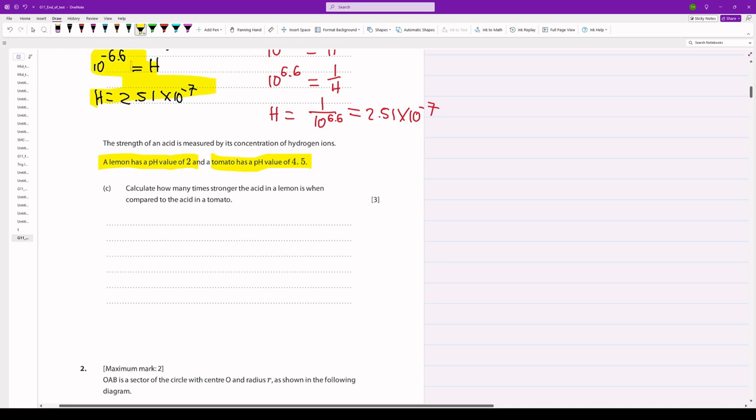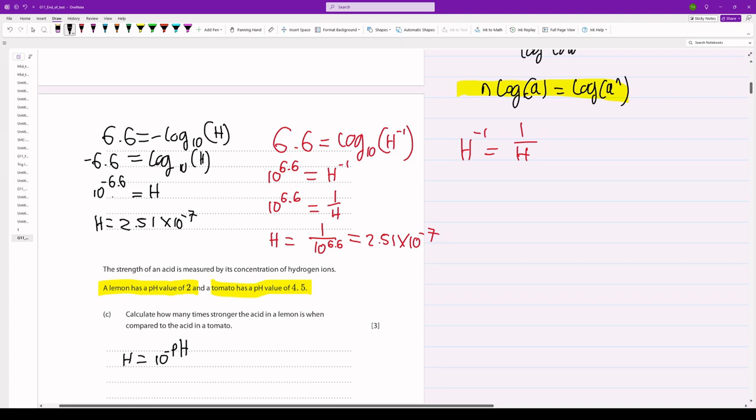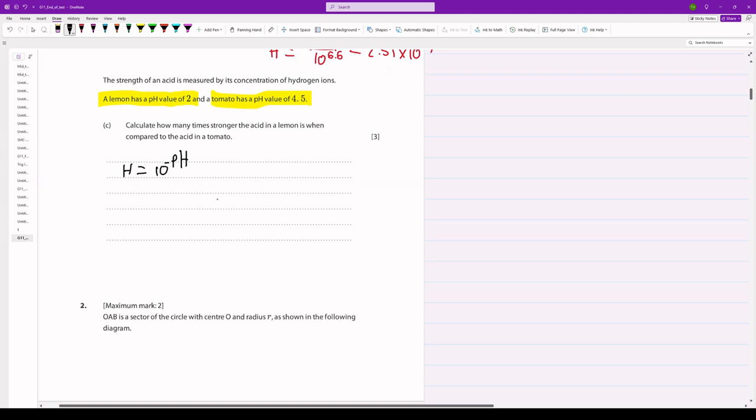See, we rearranged it. We changed the form of it. So we're going to use that in this question. So we already know that H is equal to 10 to the power of the negative pH, whatever that is. And we know that because we did it in the last question. We rearranged it with the same steps.